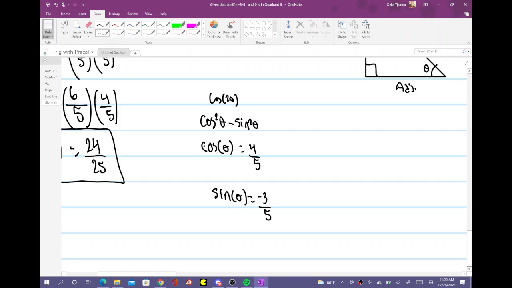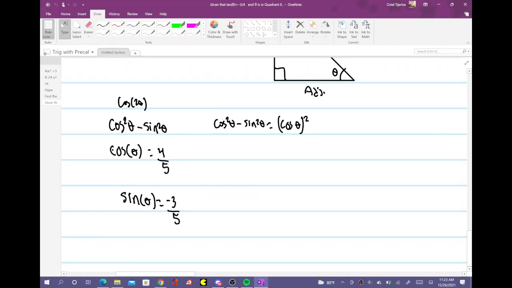So we're going to plug those in. Remember that cosine squared theta minus sine squared theta is equal to cosine of theta all squared minus sine of theta all squared.